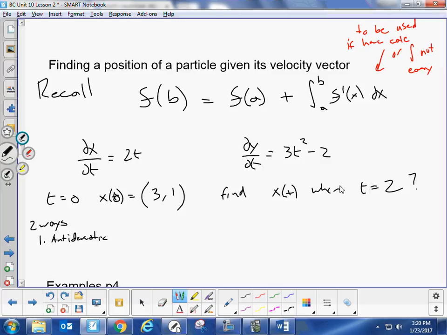Trying to find my position when t equals 2. Well, I know my x of t will be t squared plus c. Why? I took the antiderivative of my dx/dt, 2t. I know my y of t is going to be t cubed minus 2t plus c.